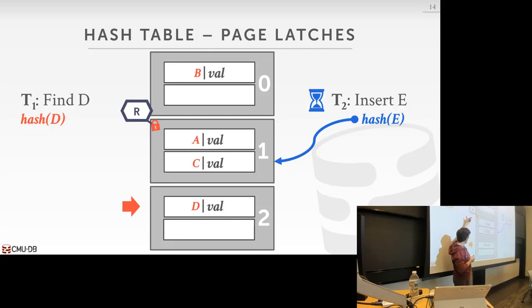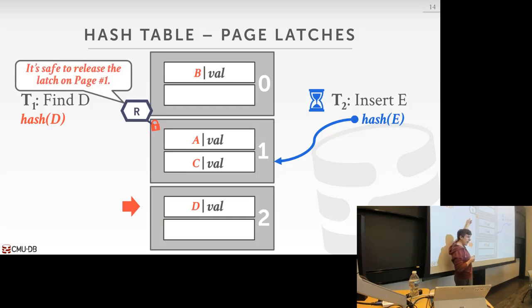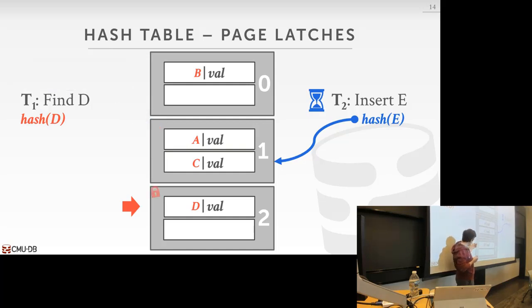In order to do this traversal, when I go from page 1 to page 2, I actually don't need to hold the latch on 1 to jump down to 2, because my hash table is static. I'm not resizing, so this location is always going to be the same. So I can immediately release the latch before I jump, allow anybody else to keep running, and then acquire the latch for this one.